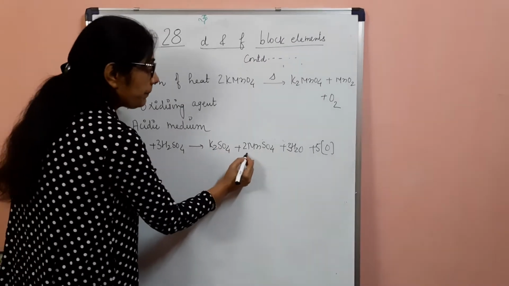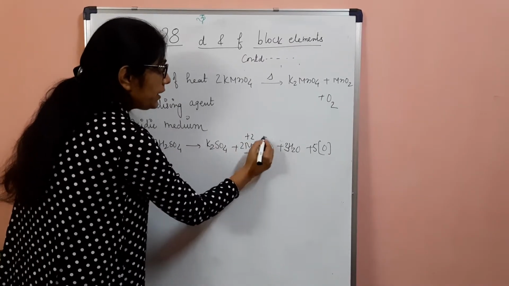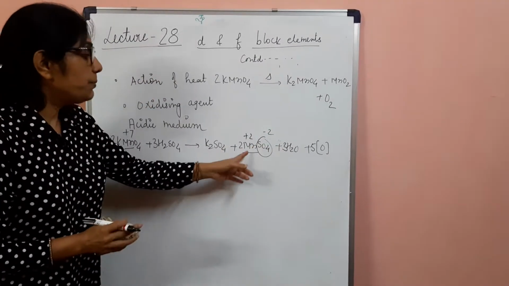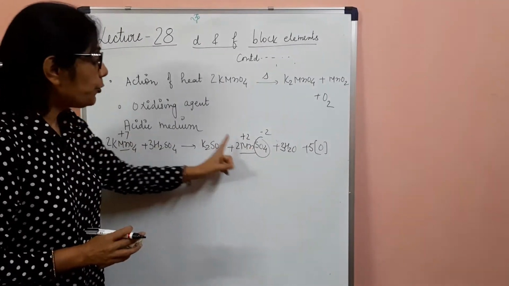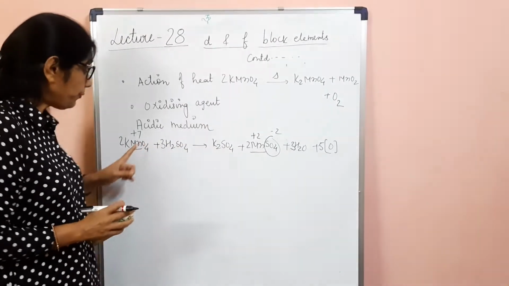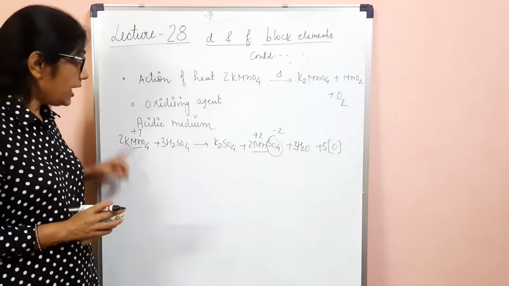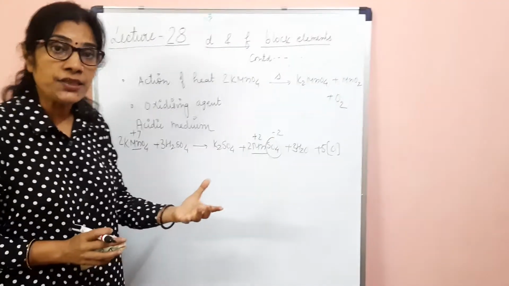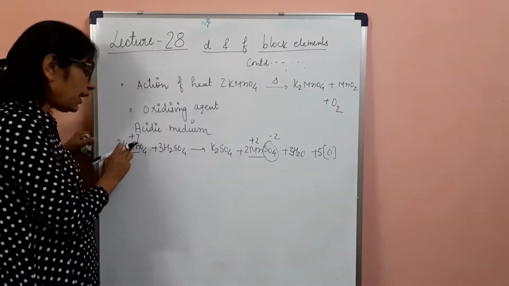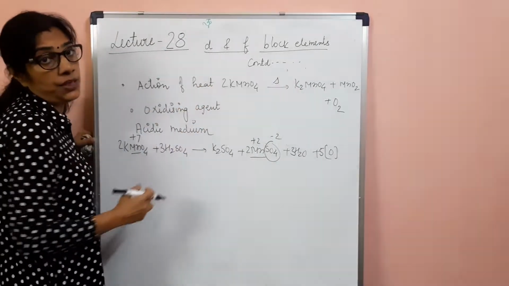And +7 to +2, because sulfate is -2, so manganese becomes +2. +7 to +2 is reduction, therefore it acts as an oxidizing agent. That too the strongest oxidizing agent, because manganese is in its highest oxidation state.